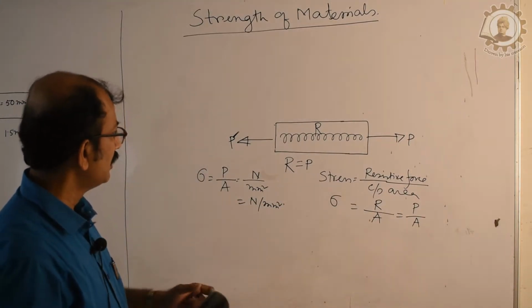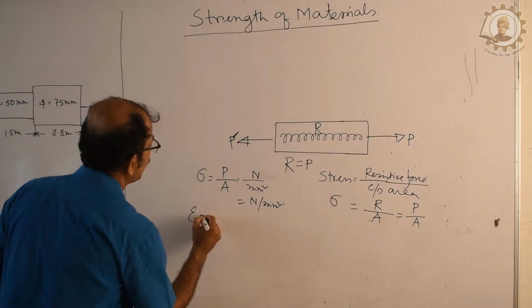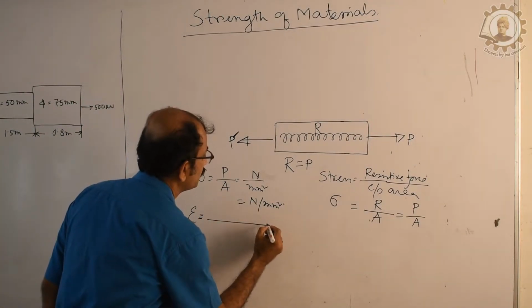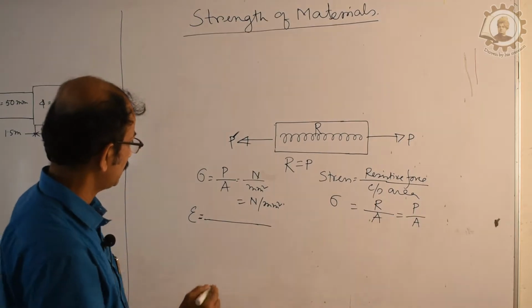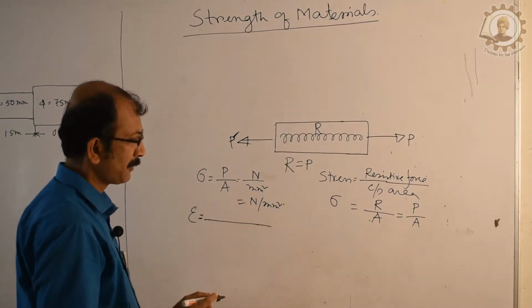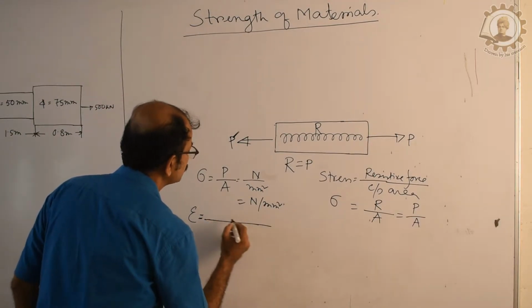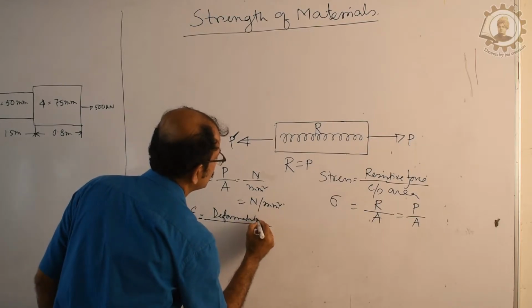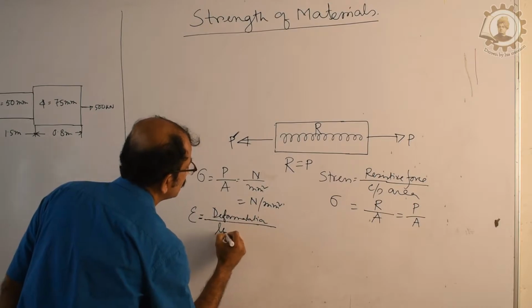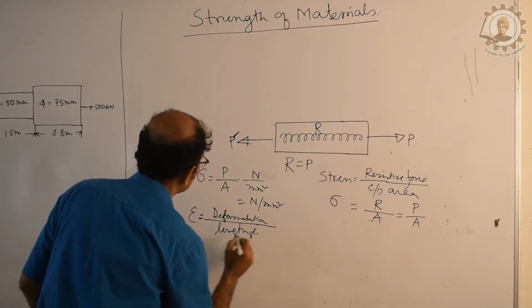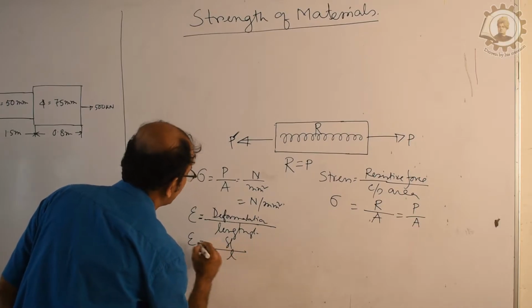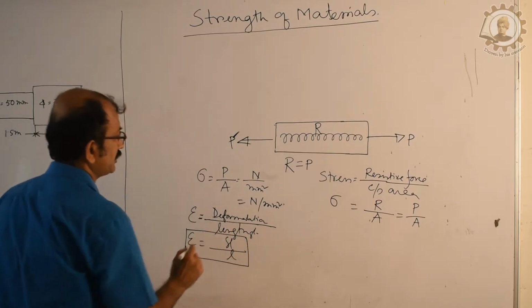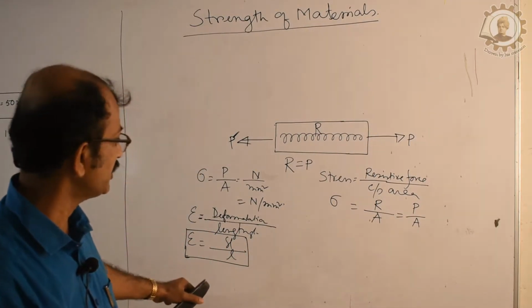Now in the case of strain, that is deformation by length, so that is del L by L. That means change in dimension by original dimension.